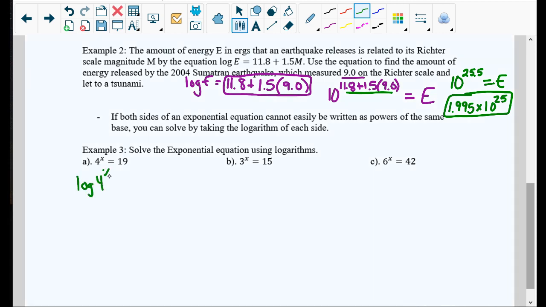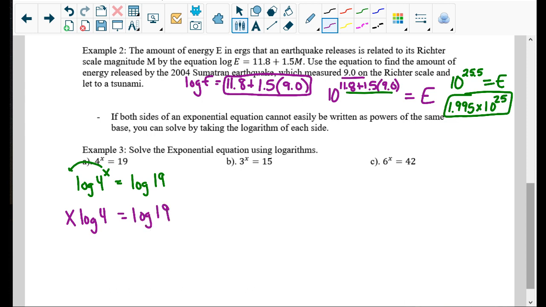Log 4 to the x power equals log 19. Remember our rules: the exponent x we're going to put out front. Now we have x times natural log of 4 equals natural log of 19.